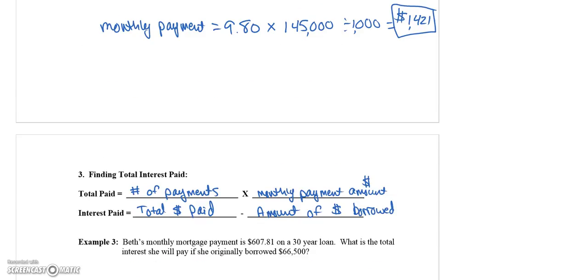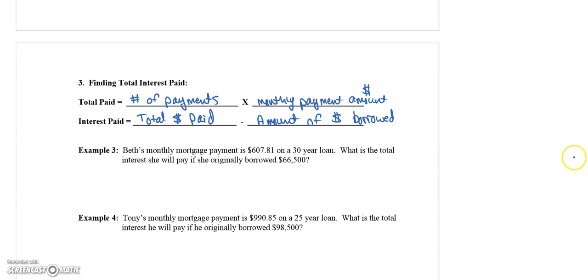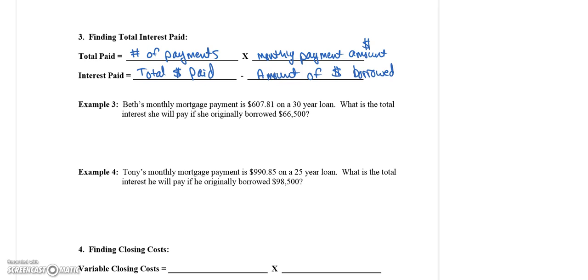All right, the next section that we're going to do is finding the total interest that we pay. If you want to pause and get these formulas down, go for it. One thing we want to understand is that your payments that you make are every month. So number of payments is the same as the number of months.